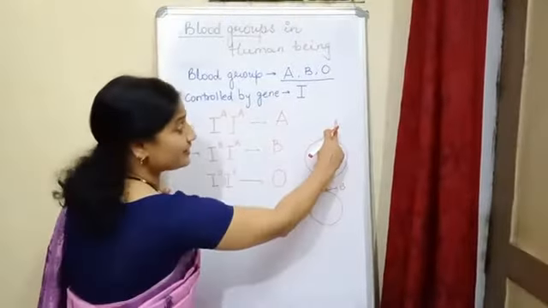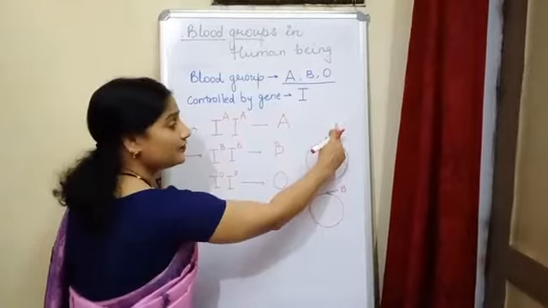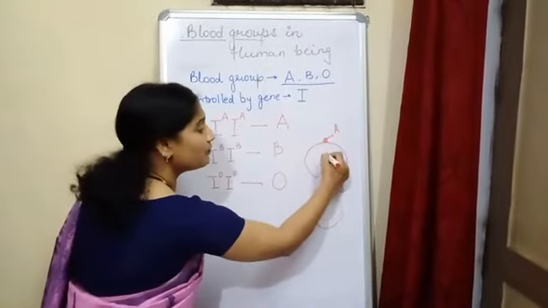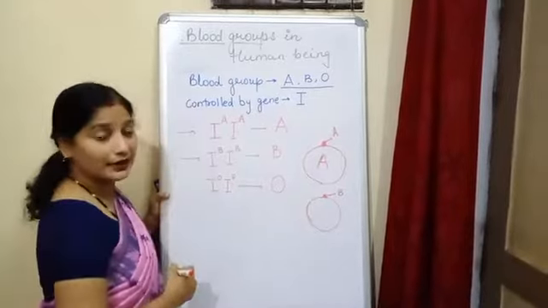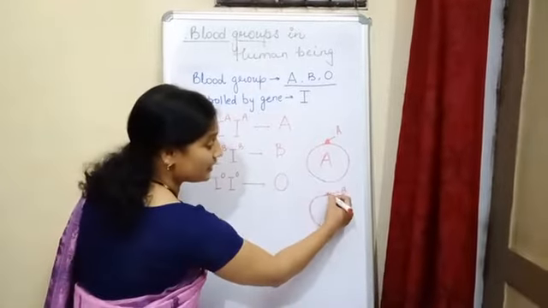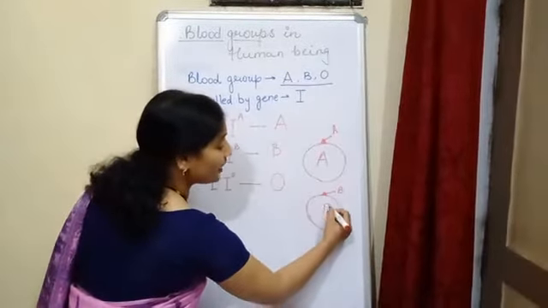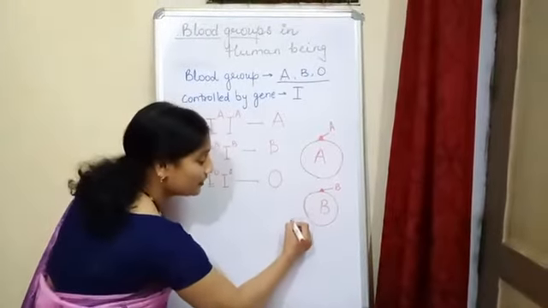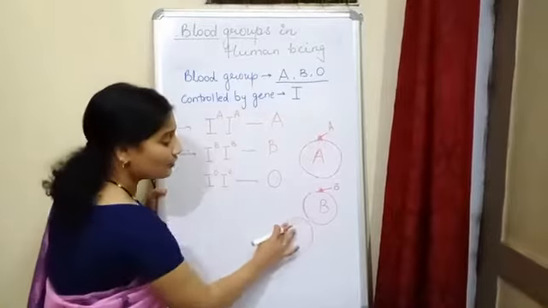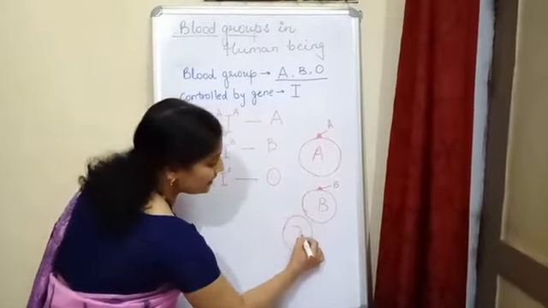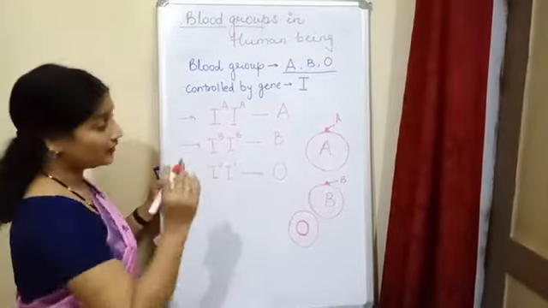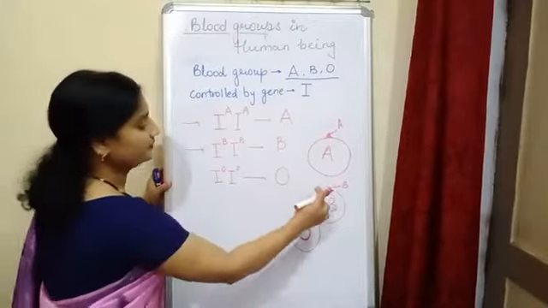So this is antigen A, and if antigen A is present, then the blood group will be A. And if antigen B is present, then the blood group will be B. And if no antigen is present on the membrane of the RBC, then we can say that the person has blood group O. Now see what happens.